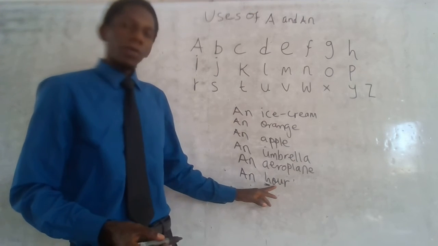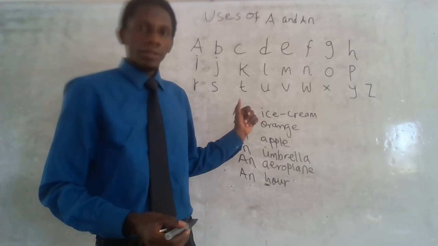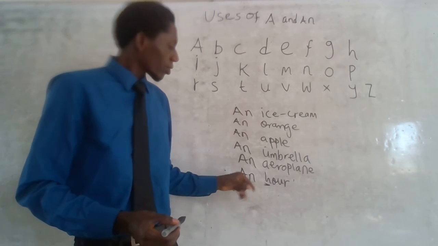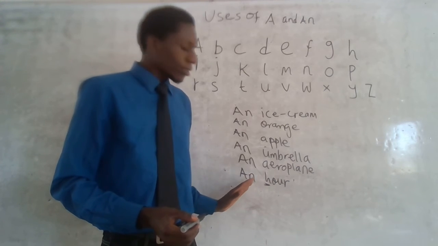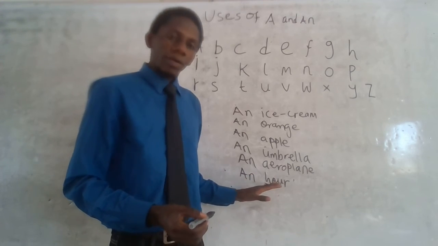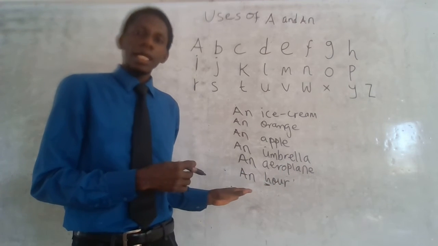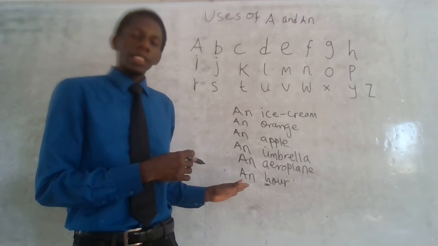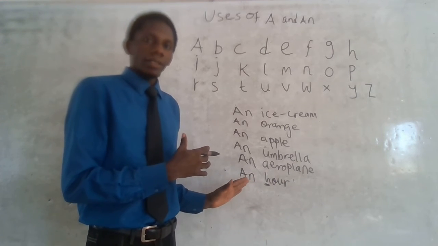So the O that is pronounced in the word is a vowel sound. That's why we use an to pronounce an hour. If a consonant letter is silent and it begins the word, then we use an.